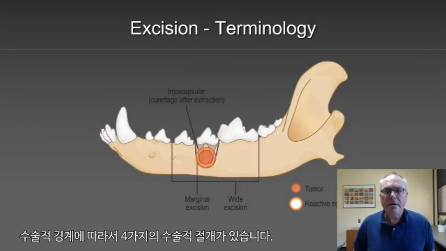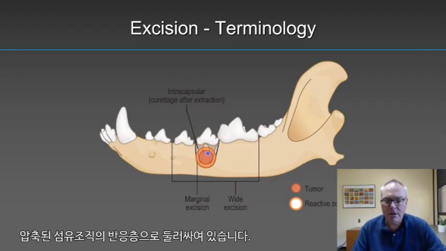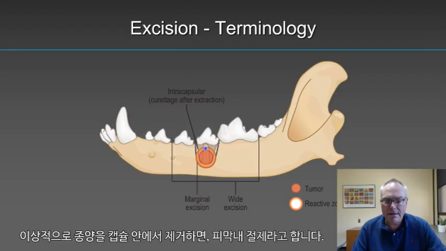Based upon surgical margins, we can distinguish between 4 types of surgical excision. A tumor is located within its pseudocapsule. The pseudocapsule consists of a reactive zone of compressed fibrous tissue. Ideally, if we remove the tumor from inside this capsule, that is known as an intracapsular excision.